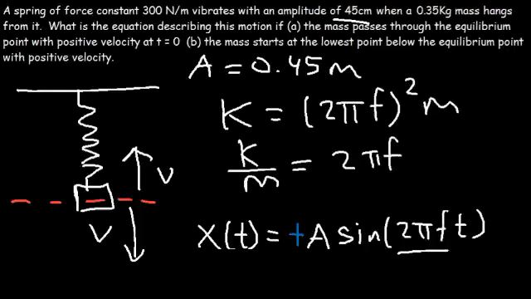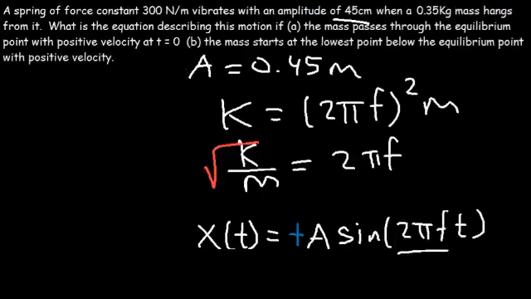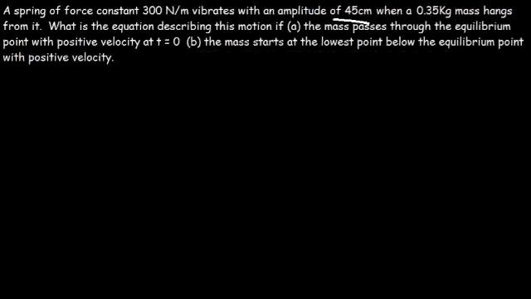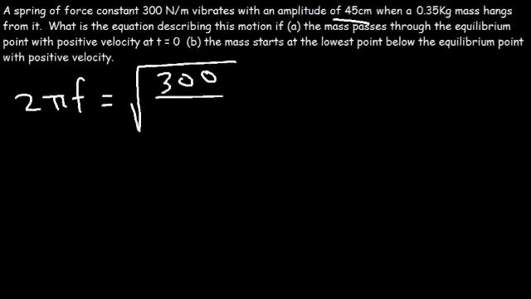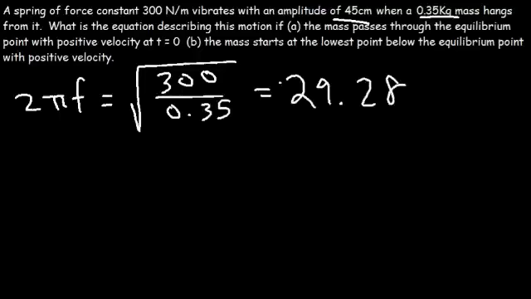So 2 pi f is the square root of k over m. K is 300. The mass is 0.35. 300 divided by 0.35 is 857.1. If you take the square root of that, you should get 29.28 or 29.3.